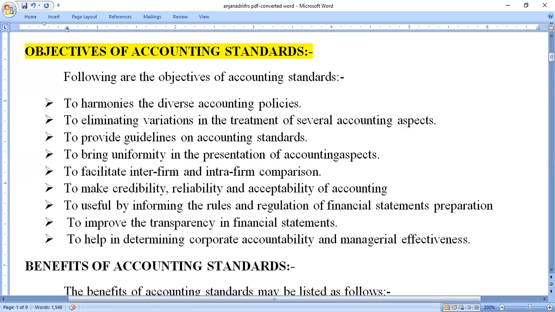When they get the guidelines from the accounting standard, they properly and 100% prepare the correct financial statements in a systematic way, which means the managerial efficiency also increases. Therefore, accounting standards play a very, very important role in the preparation of financial statements in an organization.